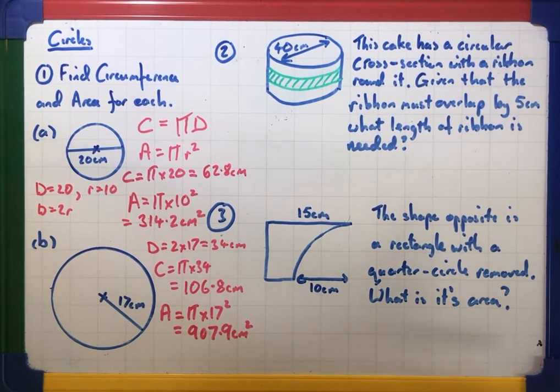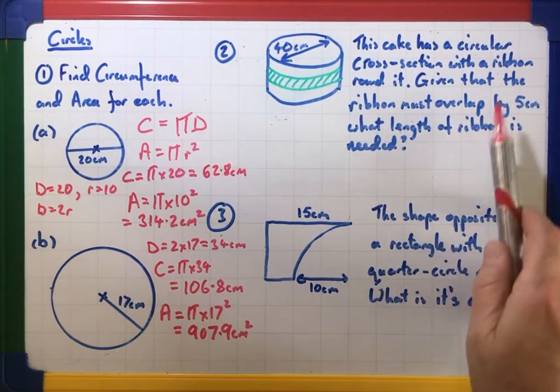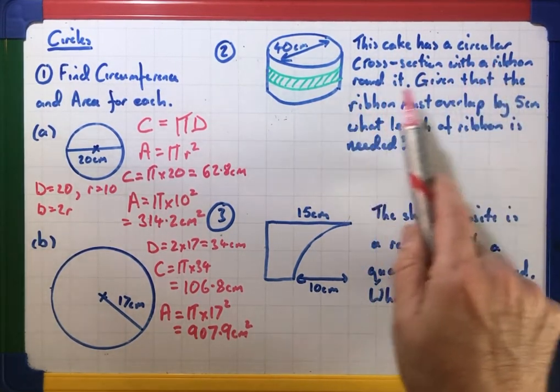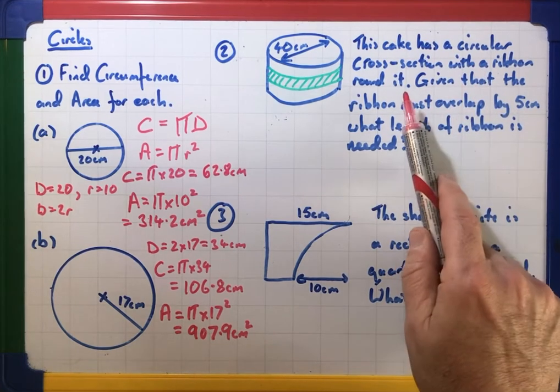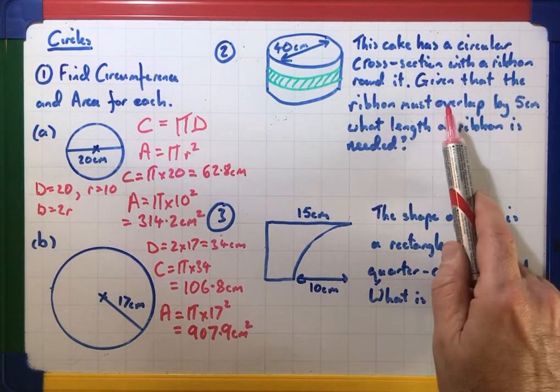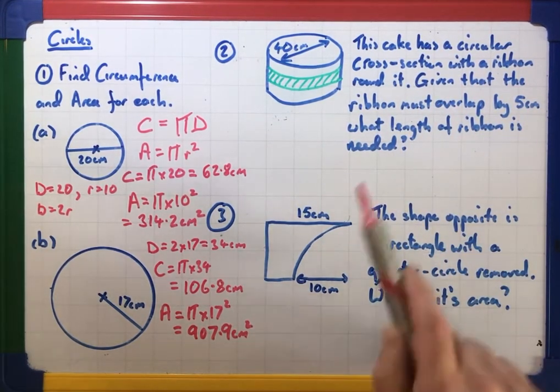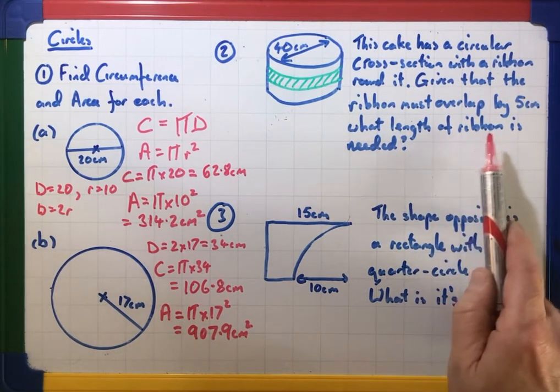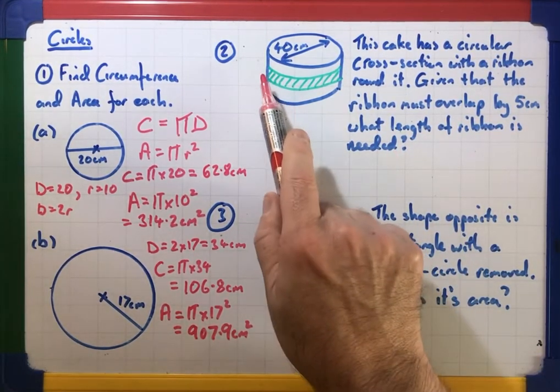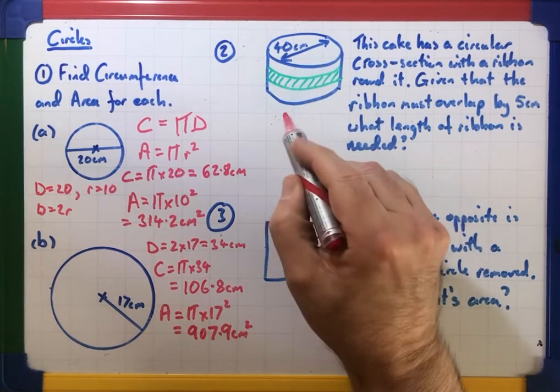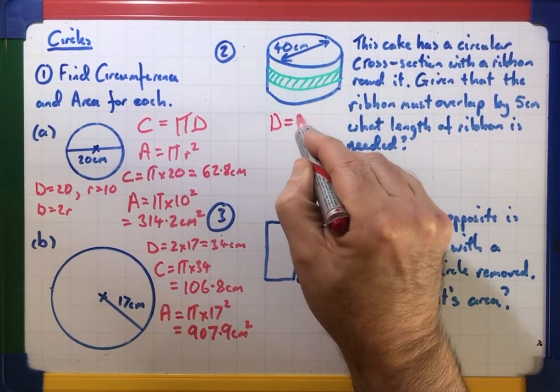Sometimes they give us questions, okay? Like this one, it's a problem. This cake has a circular cross section with a ribbon around it. Given that the ribbon must overlap by 5 centimetres, what length of ribbon is needed? Well, look, they've told us that the diameter there is 40.